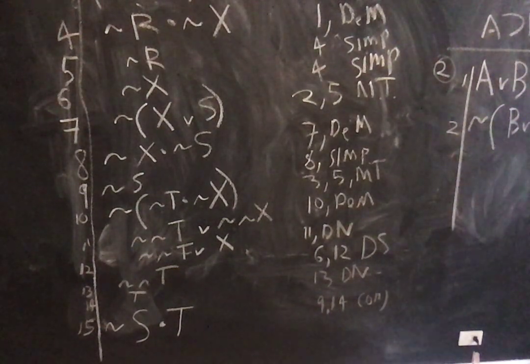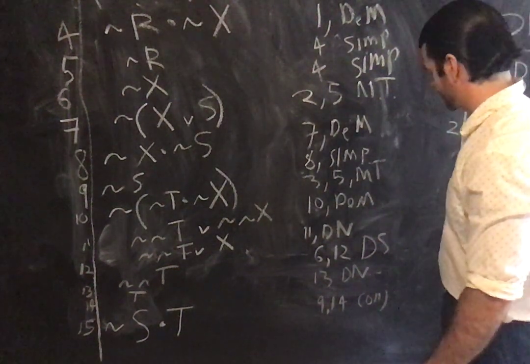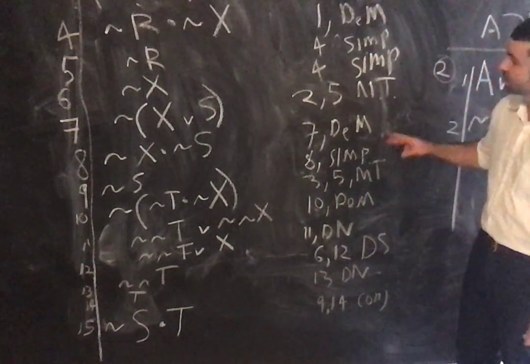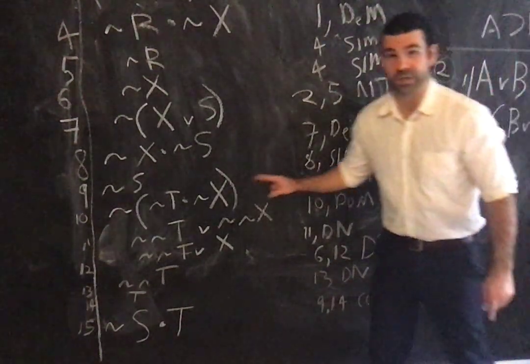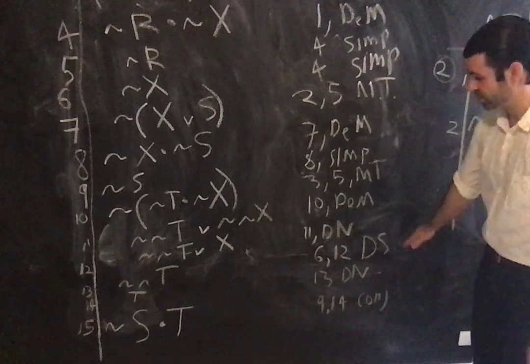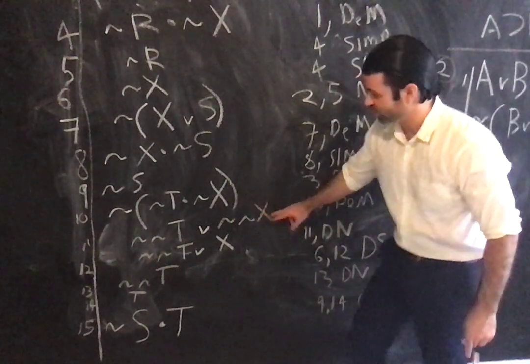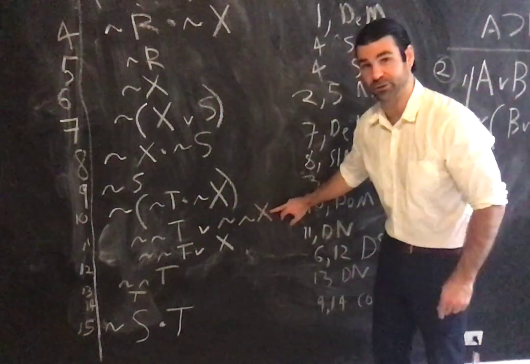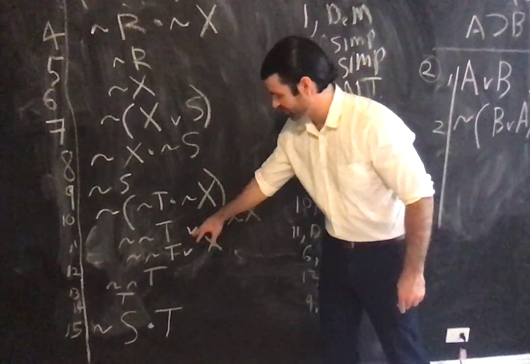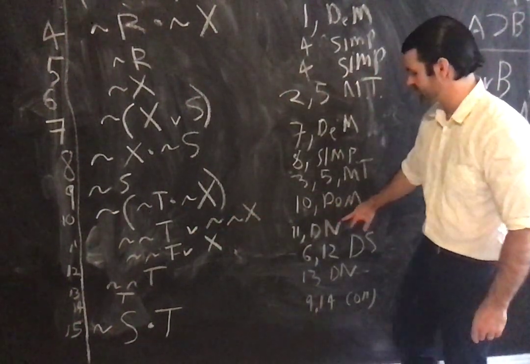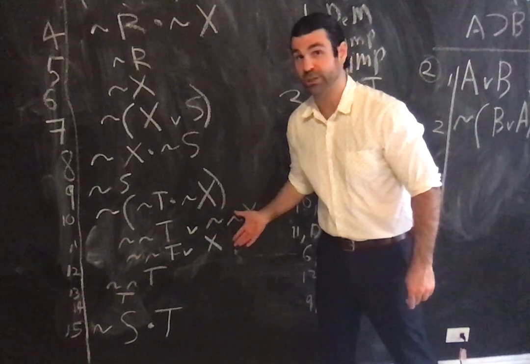Change colours. All right. So if you got all those steps, many of you will be asking whether at 11 you're allowed to double negate both of those formulas with the application of double negation. Strictly no, right?